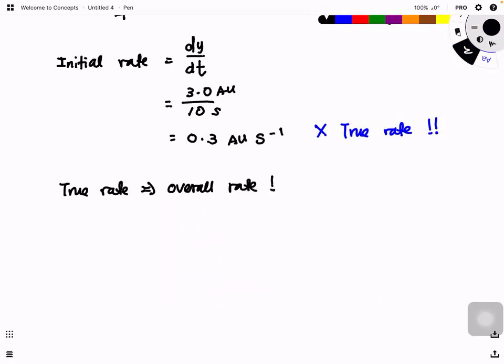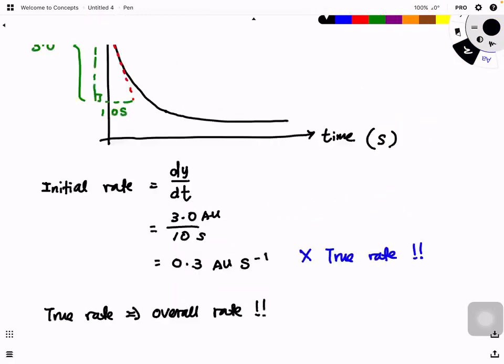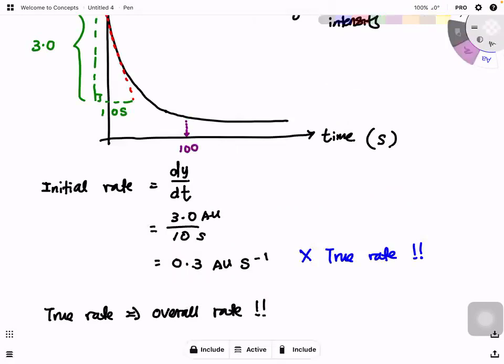So how do we calculate the overall rate of reaction? In this case, you find where they reach the plateau. Let's say in this case 20 seconds, for example.